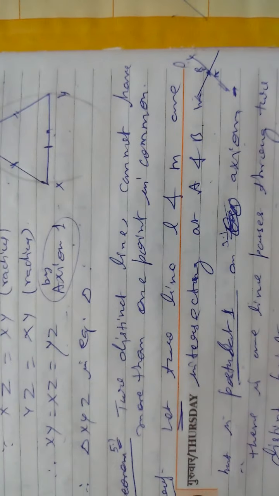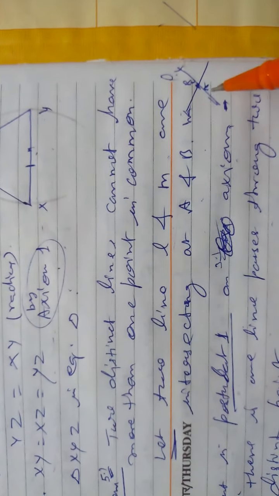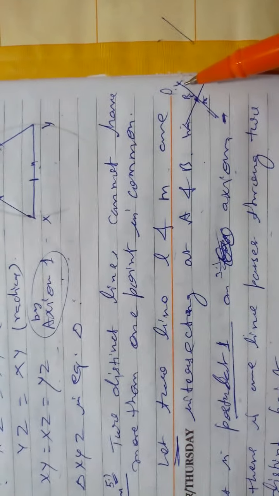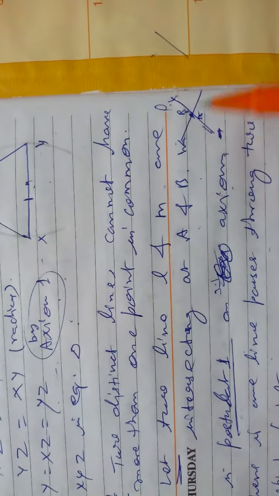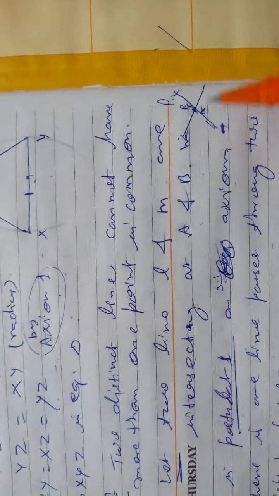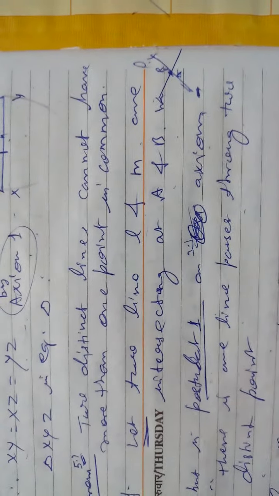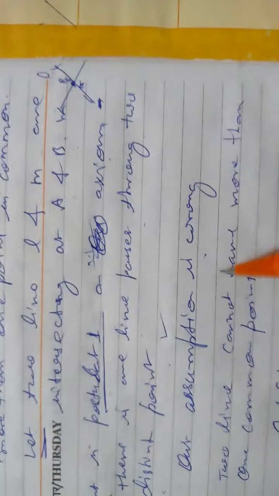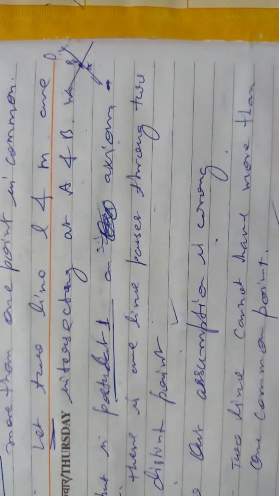So our assumption, in which I have taken the two lines L and M intersecting at two points, is wrong, because if L is a line, then AB is the only line. If M lies here, then two distinct points you can't take. So our assumption is wrong. So two lines cannot have more than one common point. In this order you will write.